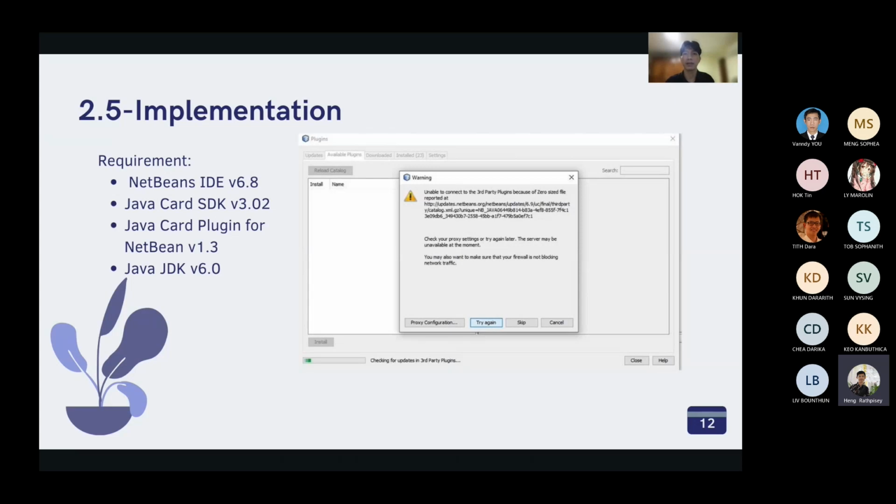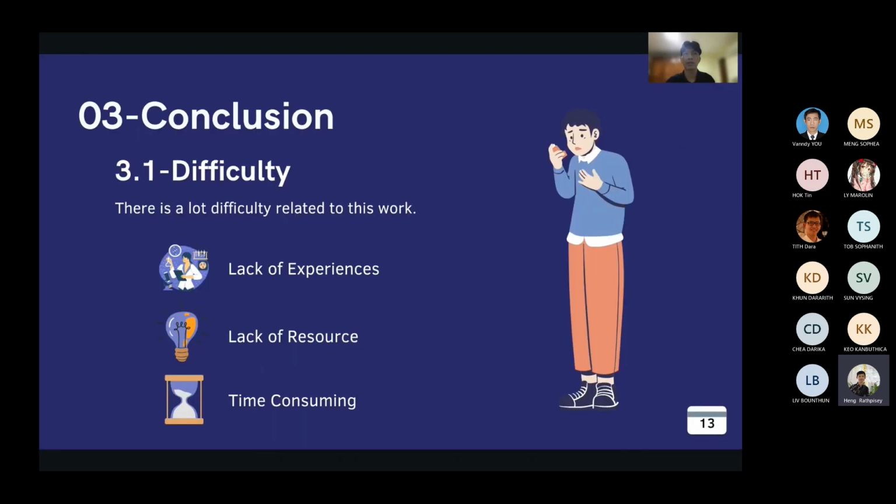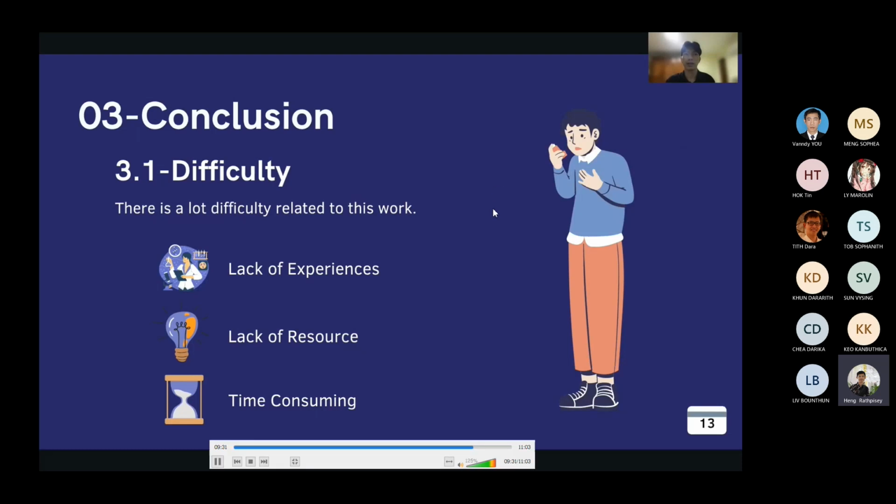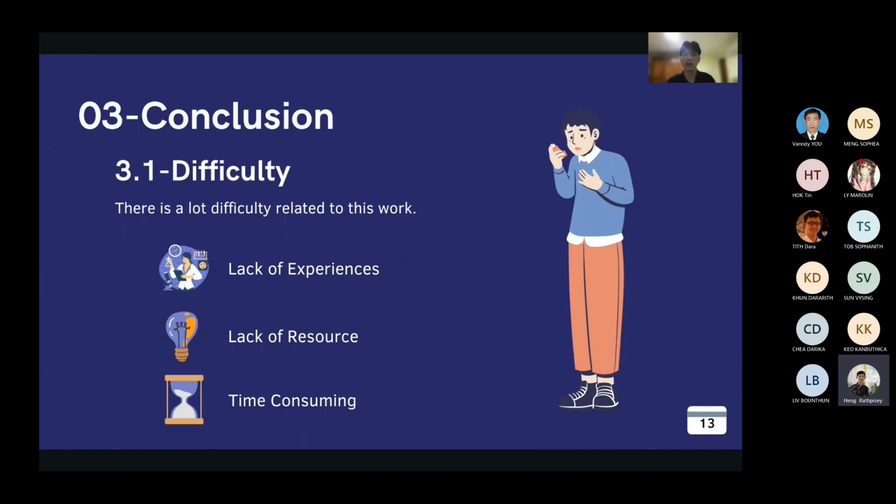Now we come to the last part of the presentation, the conclusion. In this conclusion, we cover the difficulties. In this work, there were a lot of difficulties, such as lack of experience in researching, so it was hard for us to find documents and read them.